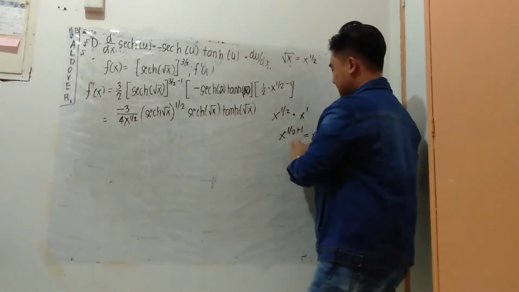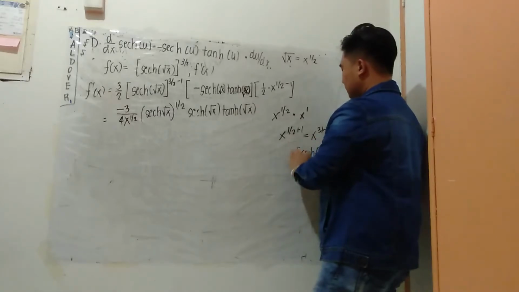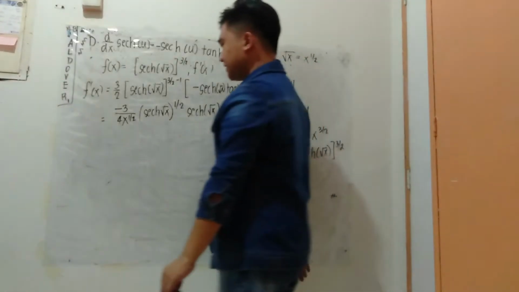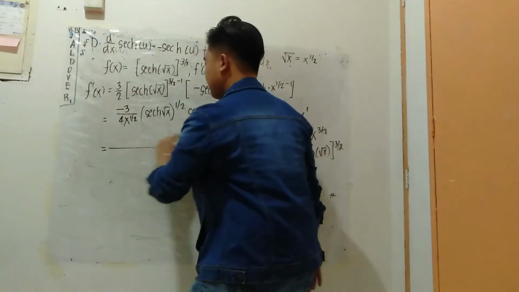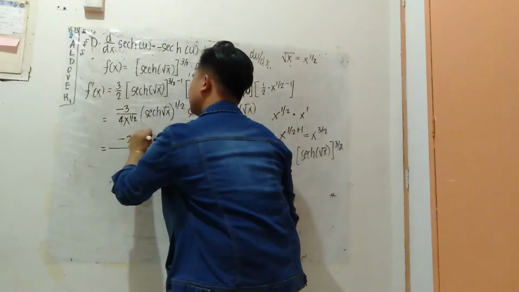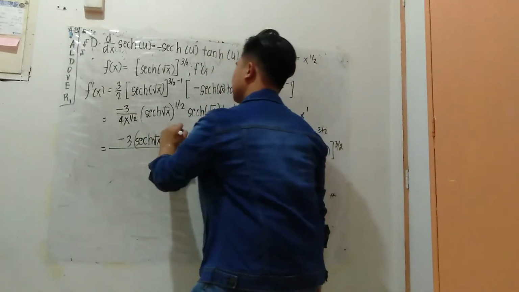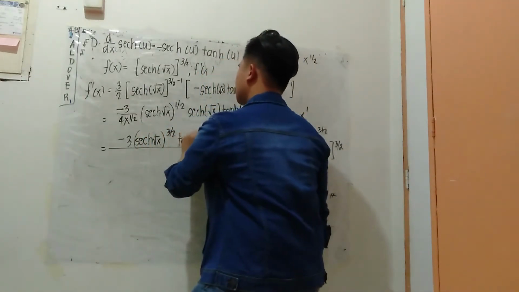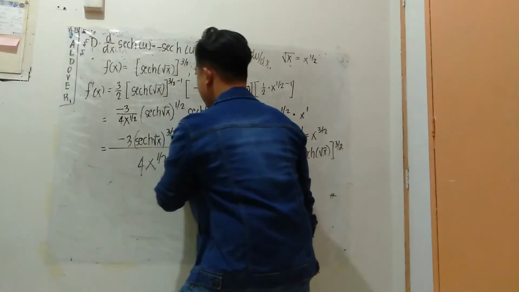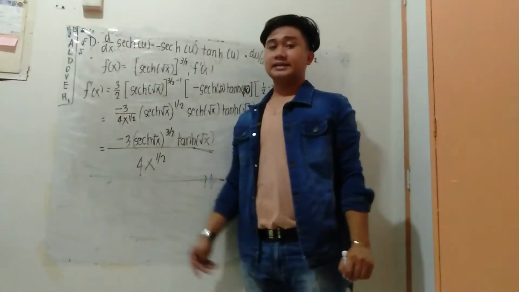Or simply, hyperbolic secant of square root of x all raised to 3 over 2. So, to further simplify it, this will become negative 3 sech of square root ng x all raised to 3 halves times tanh of square root of x all over 4 x raised to 1/2. And this is the answer for this item.